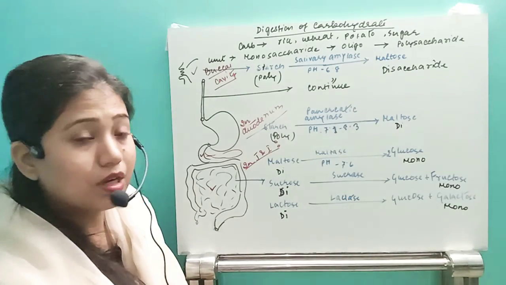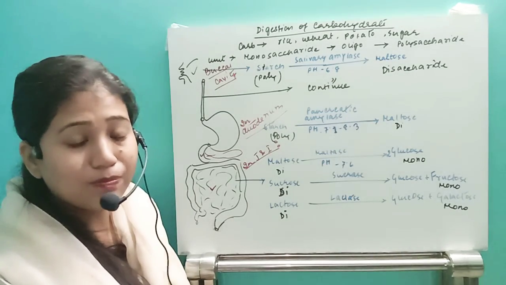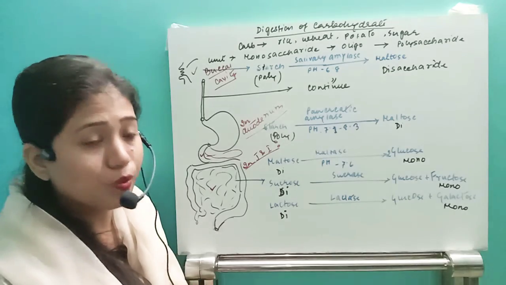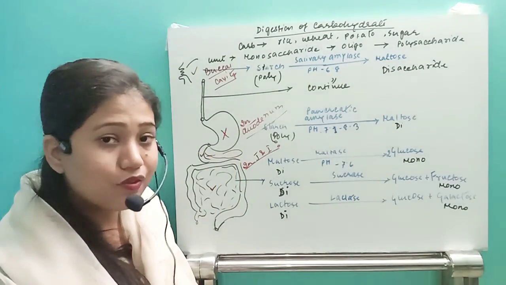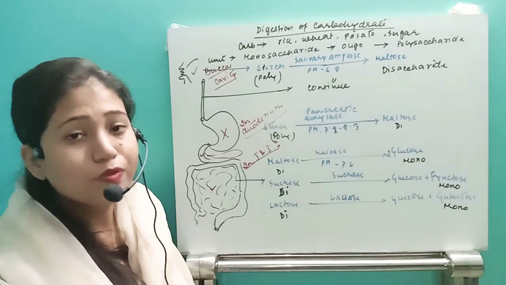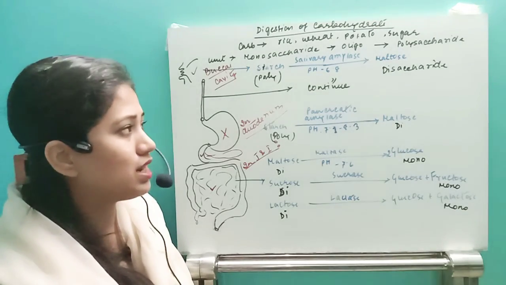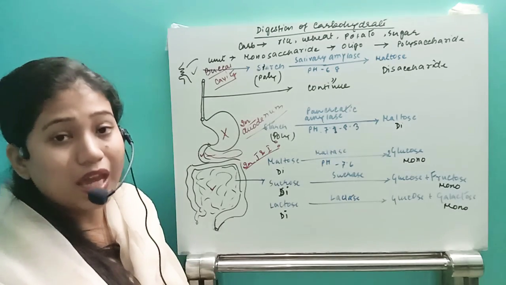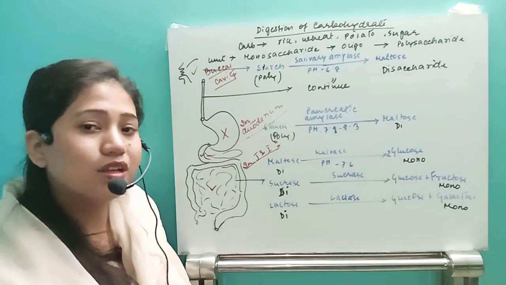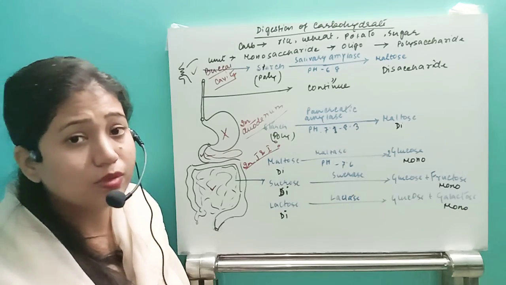But remember, in the region of the stomach the pH is around 1.2. At this pH, the salivary amylase gets deactivated. One thing you have to know is that every type of enzyme works at a specific pH, and if it is increased or decreased, that enzyme is not able to work.